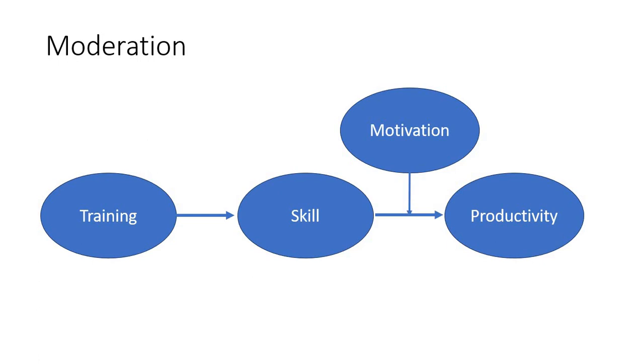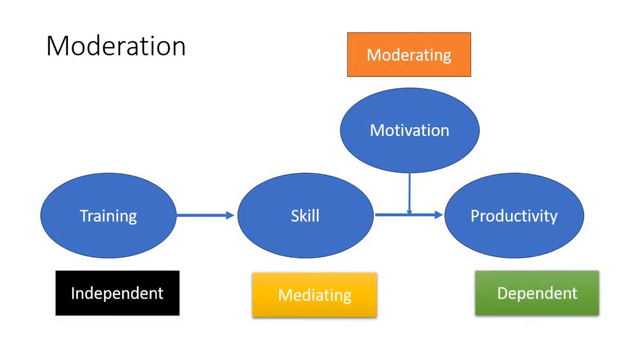If motivation is low, improvement in the skill will not lead to as much increase in productivity as it would have had there been greater motivation. So, motivation is actually controlling the strength of the relationship between skill and productivity. If motivation is high, the relationship between skill and productivity will be stronger. If motivation is low, the relationship will be weaker.